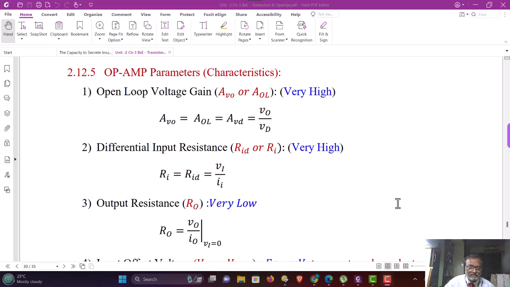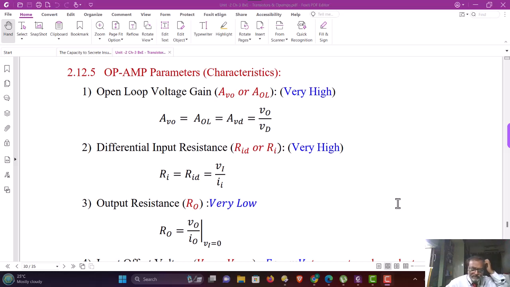This parameter for an ideal op-amp is infinity, whereas in a practical op-amp the voltage gain is very high. AVO, also called AOL or AVD, is very high, and it is defined as the ratio of output voltage to input voltage, VO by VD.